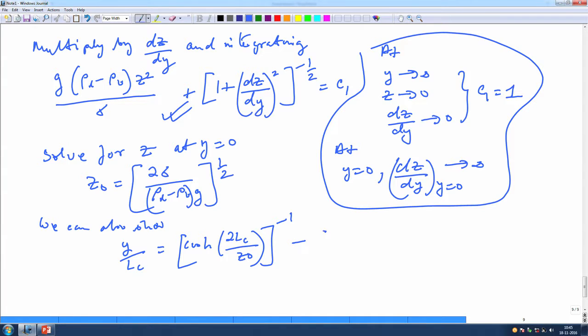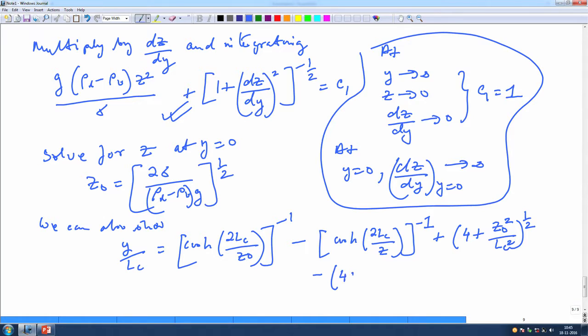it is more complicated. This particular expression basically shows the shape of the interface. We will see what LC is, do not worry.